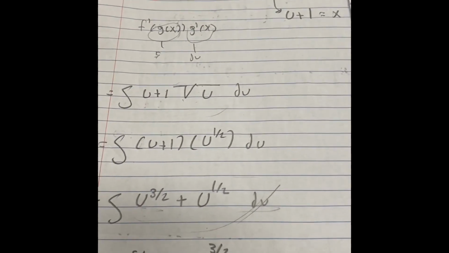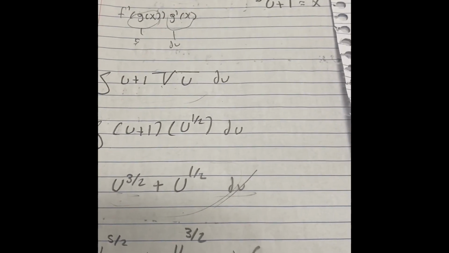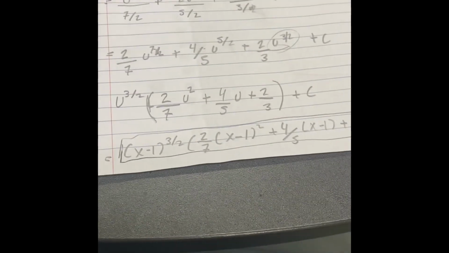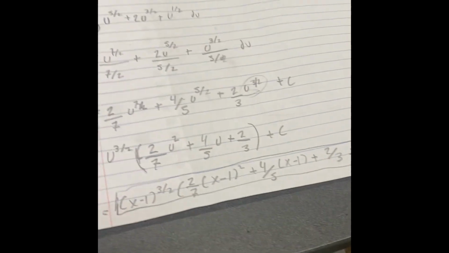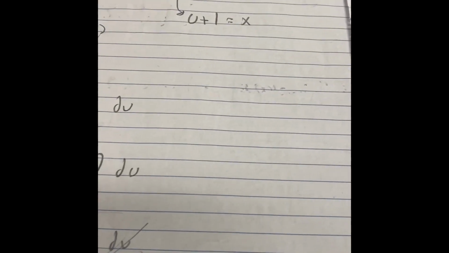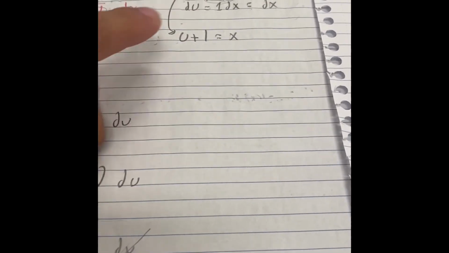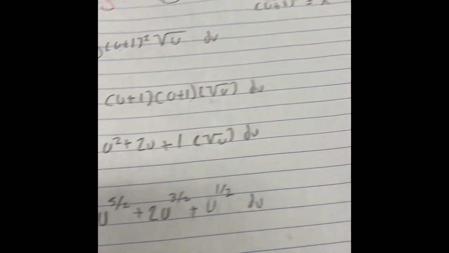We can notice that even with only that change, we had two completely different answers that don't look similar, because in this case our value of x is only u plus 1, and here our value of x squared is u plus 1 squared.